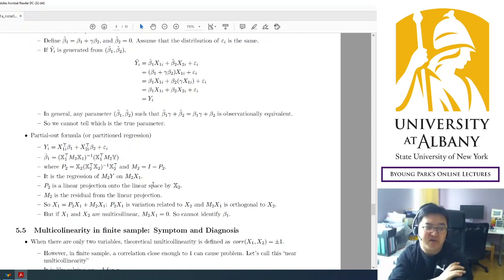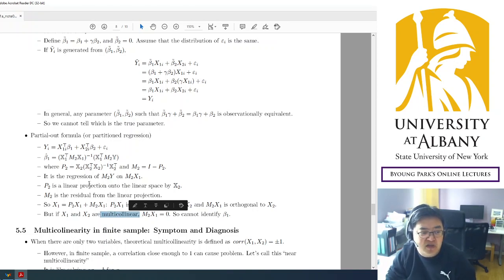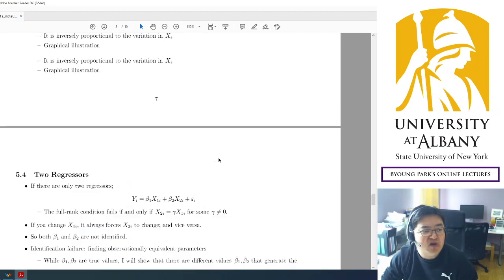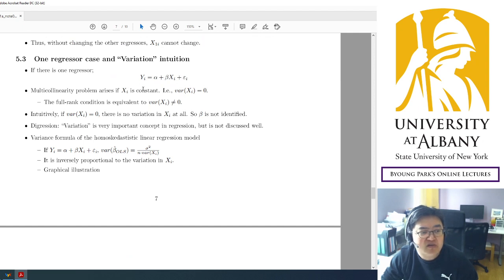Then what can we learn from this formula? Assuming that you understand this formula, I can say a few things. So you can connect the multicollinearity to the projection and residual concepts. And also, when you think about one regressor case, I explained the importance of variation in the regressor.